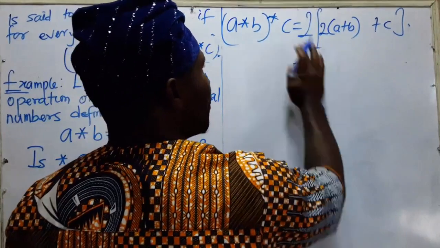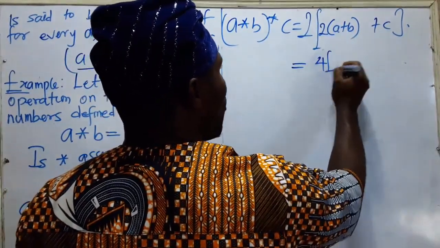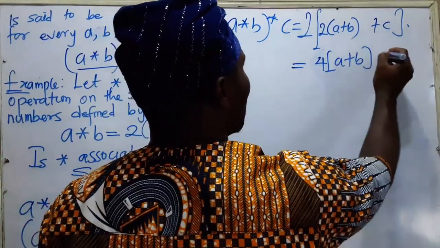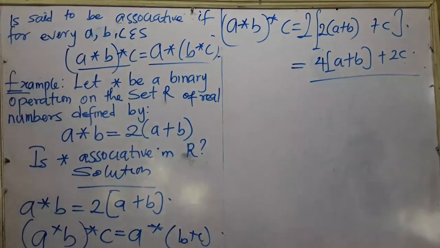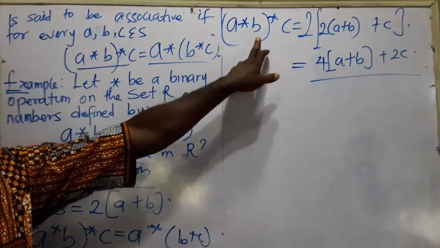We have 2 times 2, which is 4 times (A plus B), plus 2C. So this is the value for (A operation B) operation C.